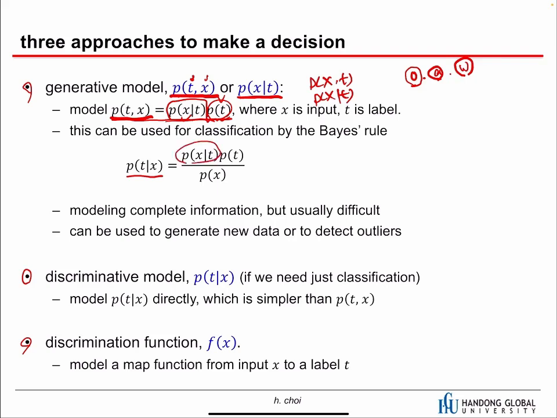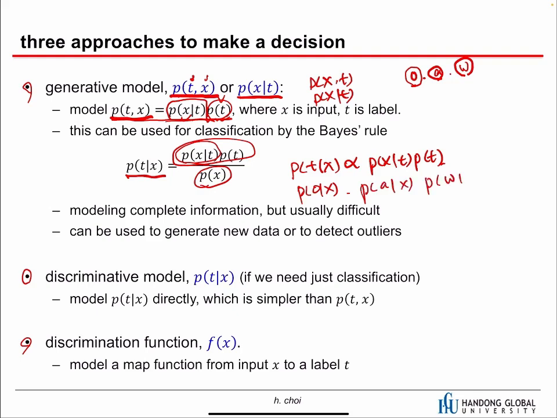If we know this one or both, then usually P of X doesn't matter to this one, because X is given, and P of X is the sum of P of X given T times P of T, right? T could be orange or apple or watermelon, so P of orange, P of apple, P of watermelon.